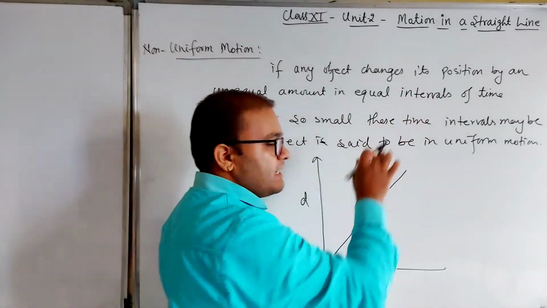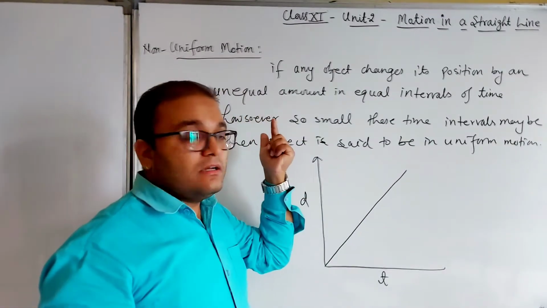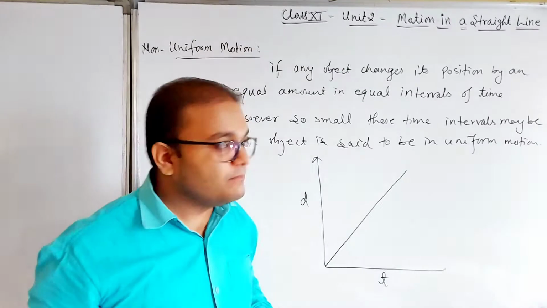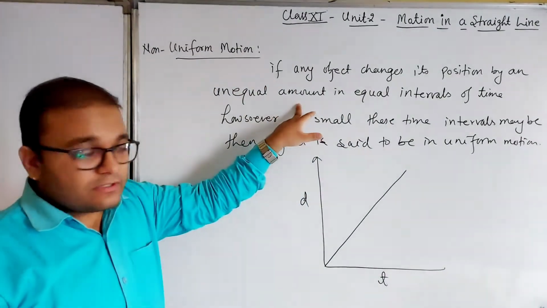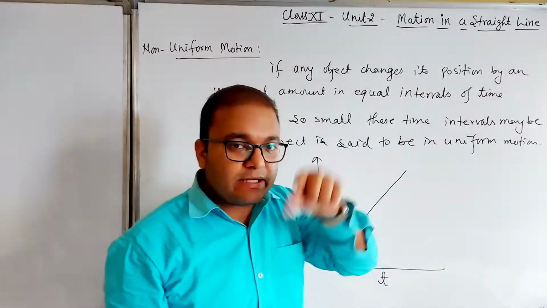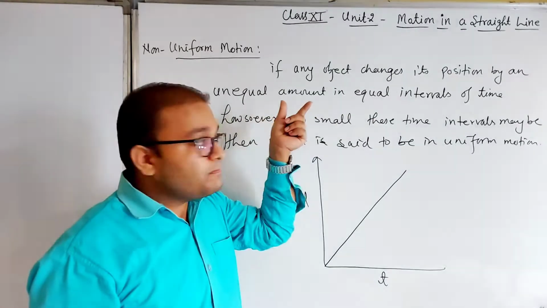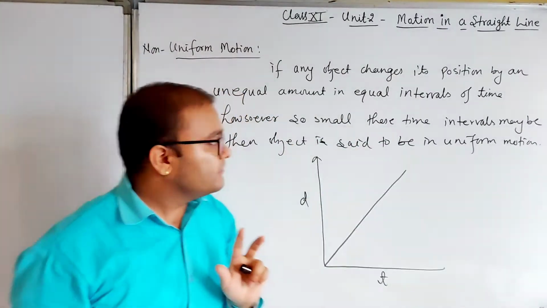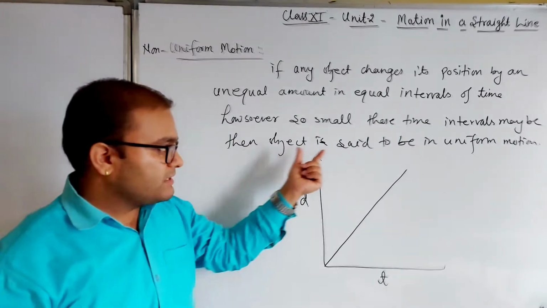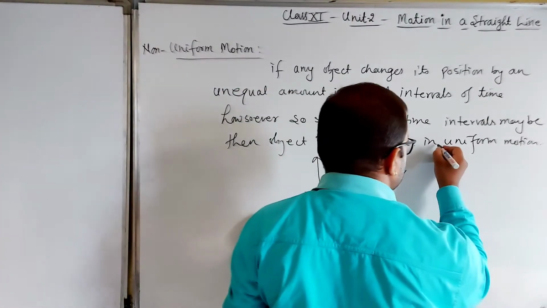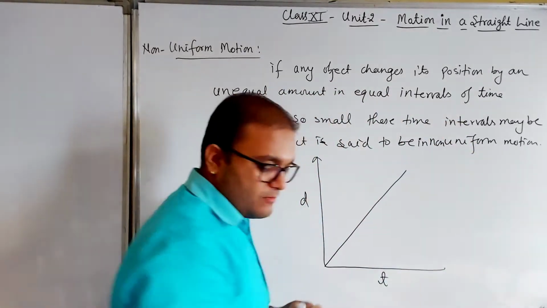If any object changes its position by an unequal amount in equal intervals of time, or we can say by equal amounts but in unequal intervals of time, howsoever small these time intervals may be, then the object is said to be in non-uniform motion.